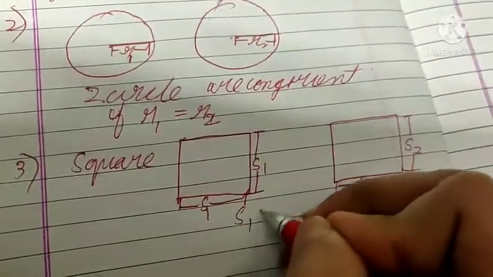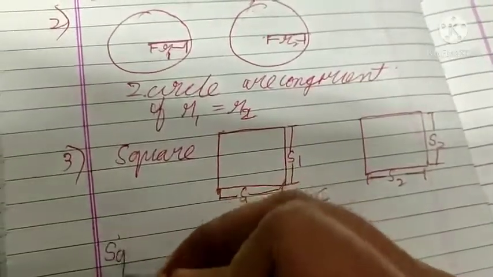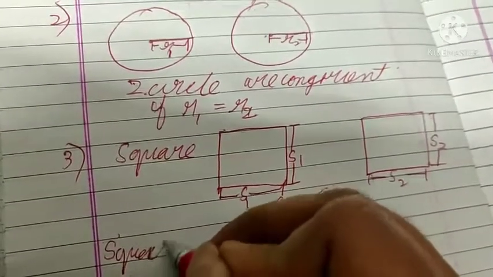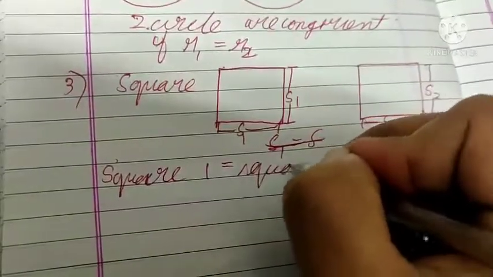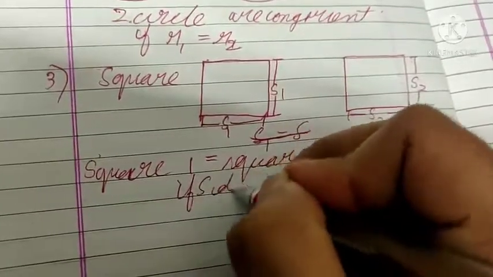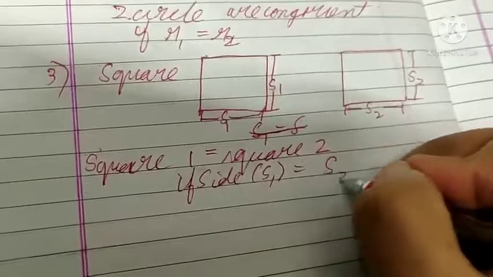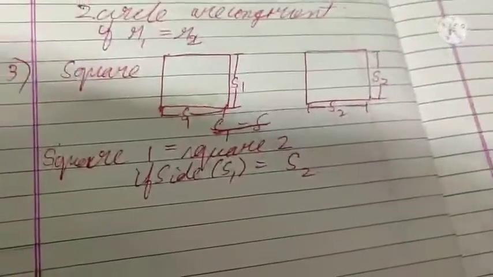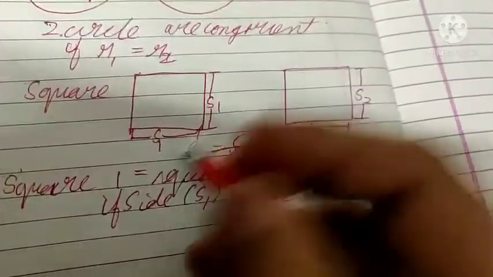So square 1 is equal to square 2 if the side of 1, that is S1, is equal to S2. Okay, a square has only one dimension, it has a side.